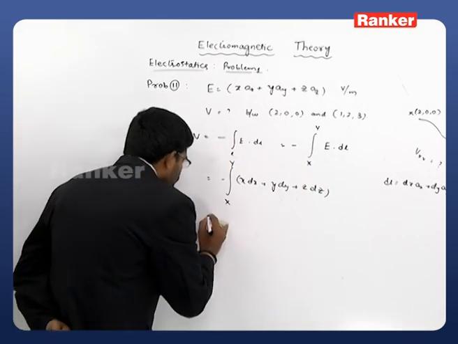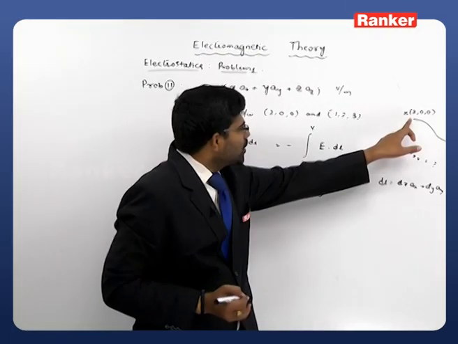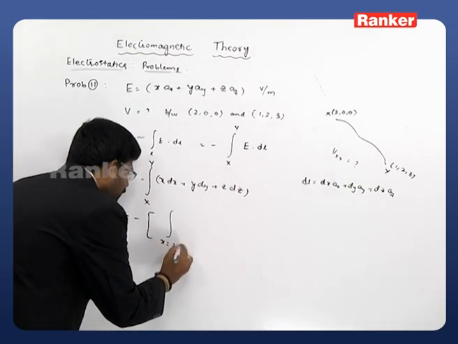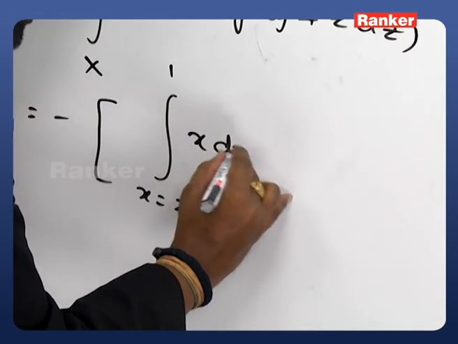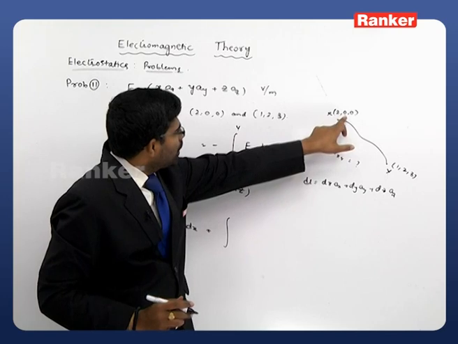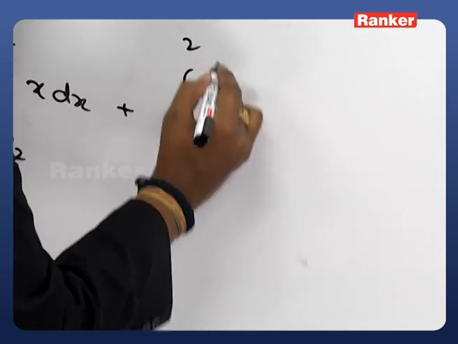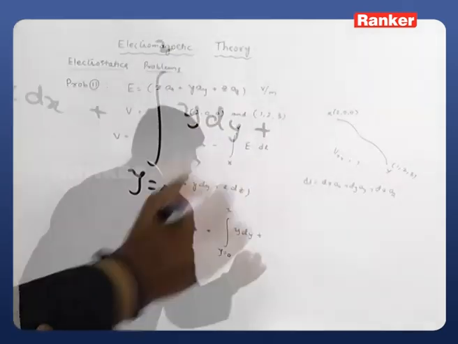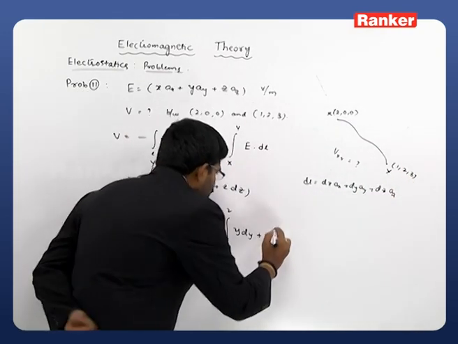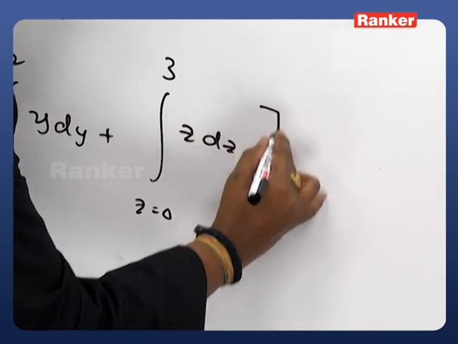So I will divide this entire integration. The x coordinate varies from 2 to 1, so the integral is x dx from 2 to 1, plus y will be taken from 0 to 2, y dy, plus the third one for z, which is taken from 0 to 3, z dz.